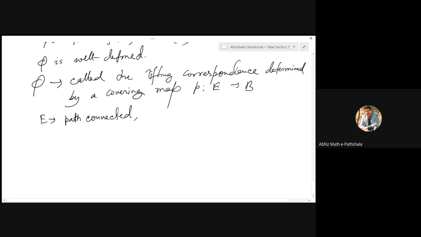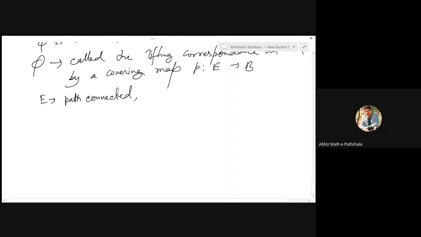Then you have already fixed a point E naught, and now you fix another point E1, and both are mapped to B naught via P, right?